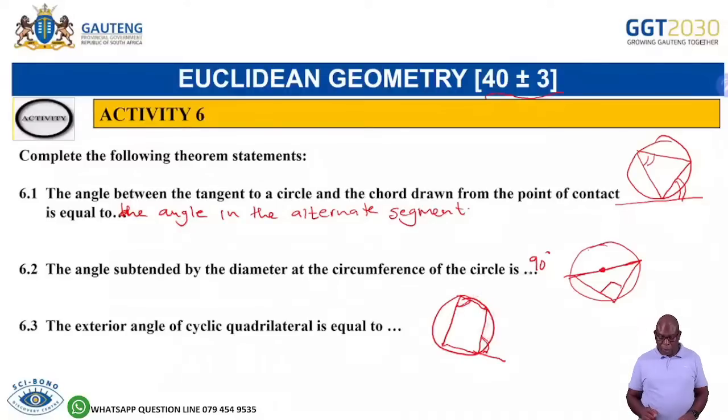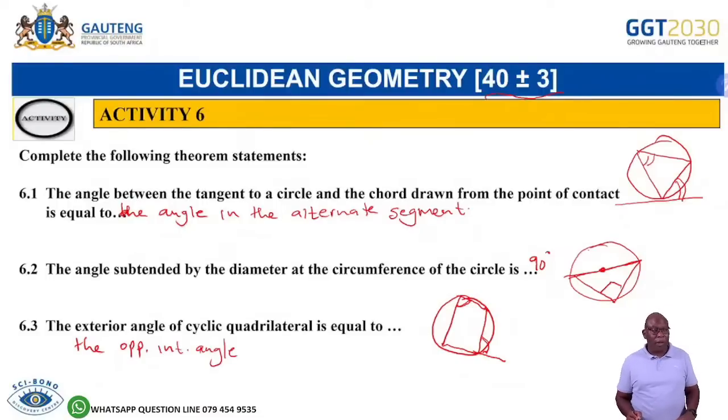So it's equal to the opposite interior angle. Please write it in full. Don't do what I'm doing. So write it in full: opposite interior angles. So this angle, exterior, opposite interior. Okay, right. Practice them.